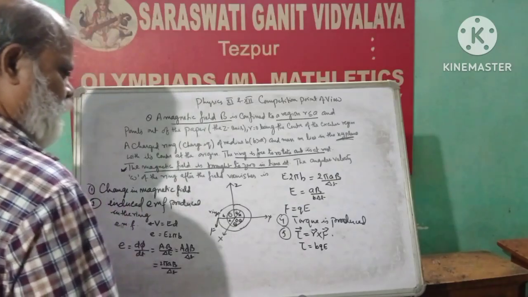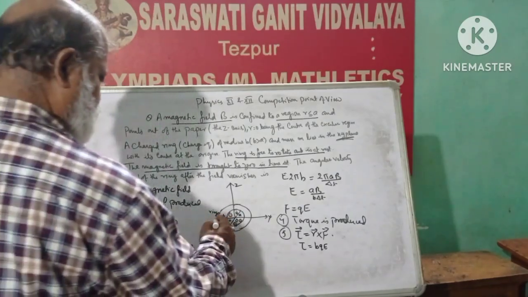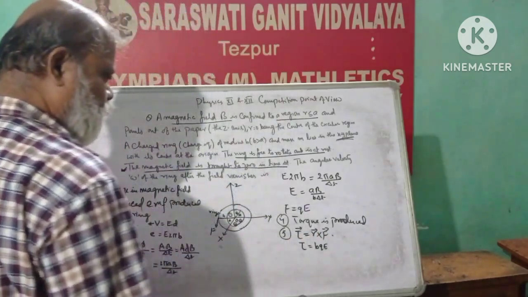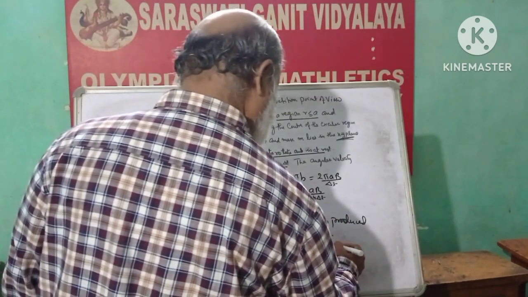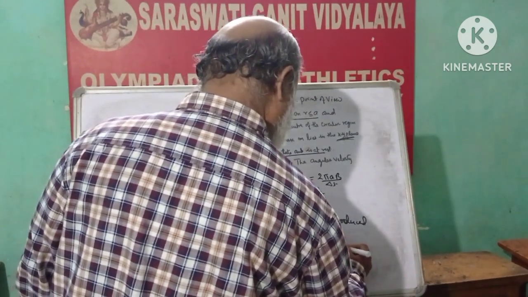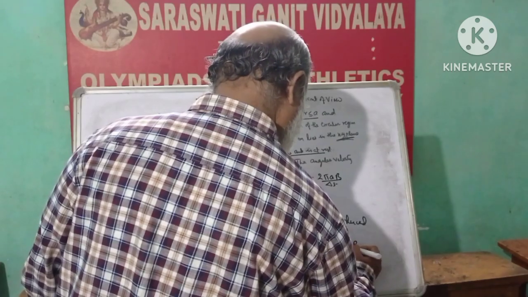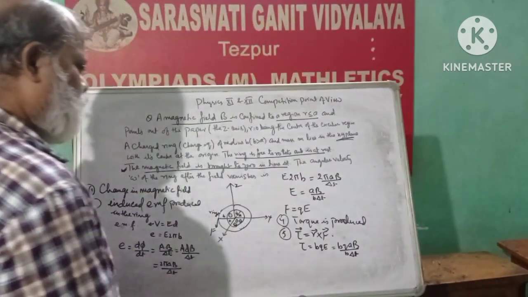Because b and F are perpendicular to each other, sin 90 is 1. Now we place the value of E here, so this will be b q a B by b delta t. This will be your torque.